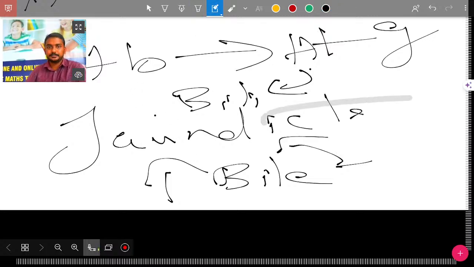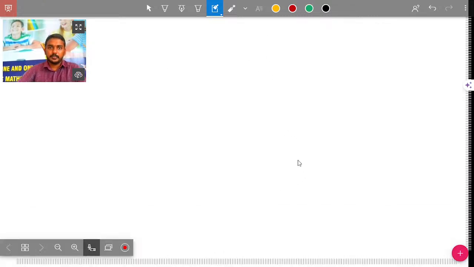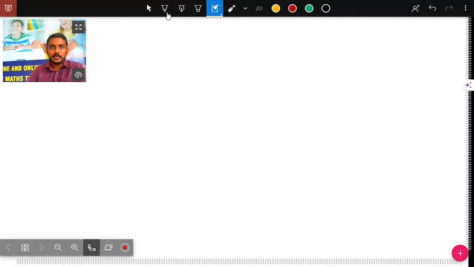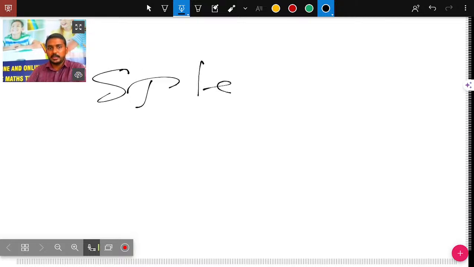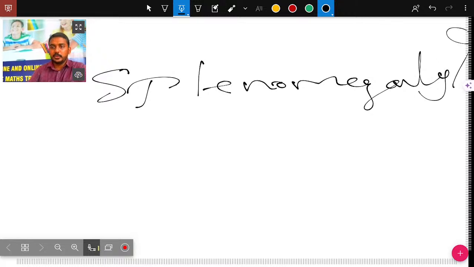And finally, what is the next thing? Next thing is splenomegaly. Why is splenomegaly? Splenomegaly happens because, as you know, the spleen is supposed to be the graveyard of RBC, which means RBC is destroyed in the spleen.